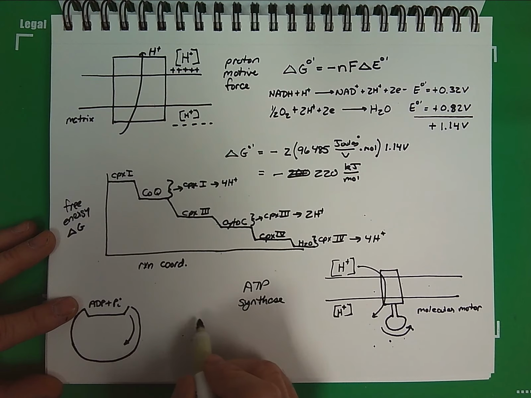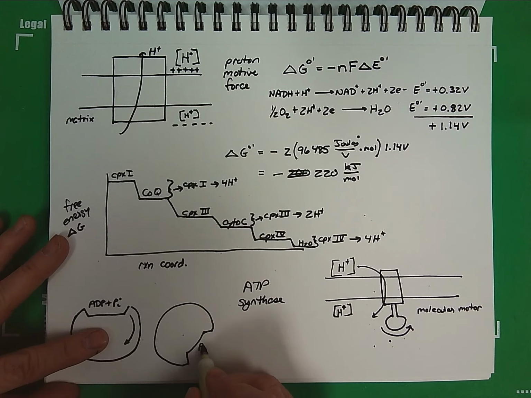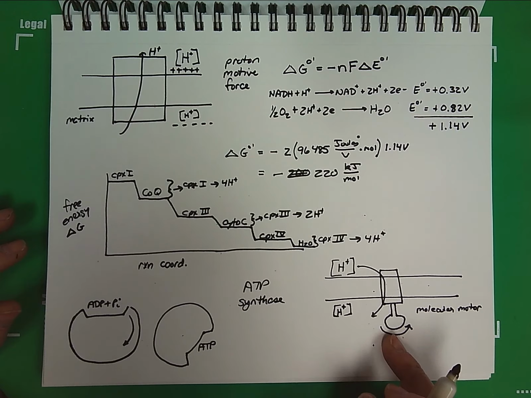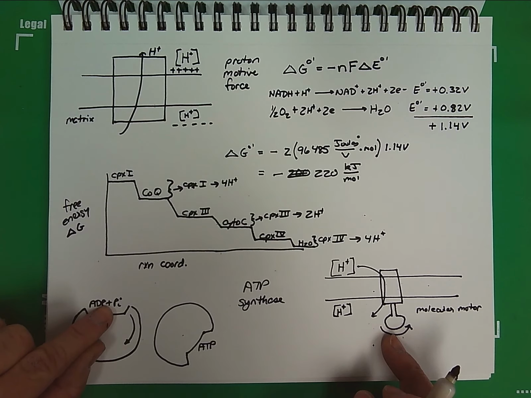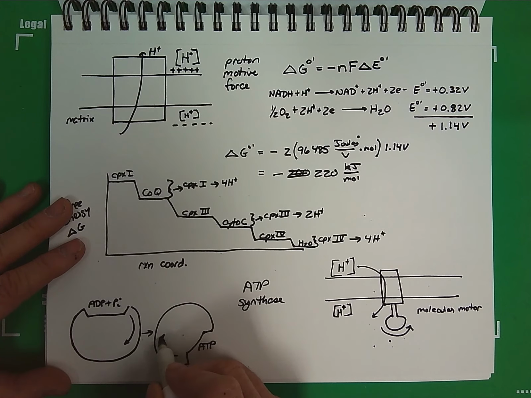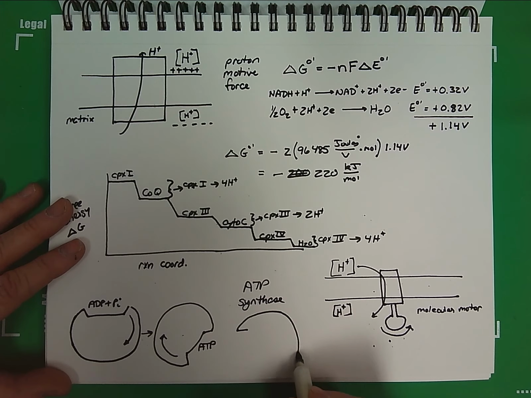Once this head turns, we've moved the head into a different position, and this process is going to generate our high energy bond. So we've taken the kinetic energy and put it into forming a high energy bond to generate ATP. Now this head continues to spin, and then the final step would be the release of ATP.